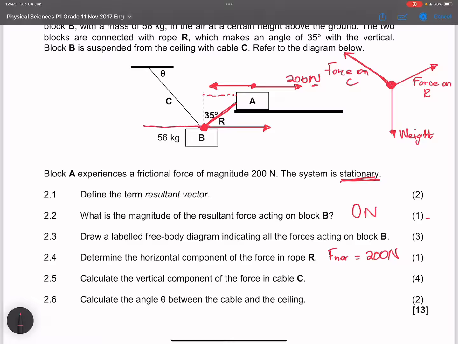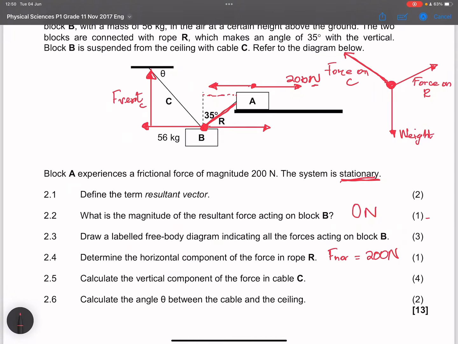And the horizontal component of the force on C should also be the same, because those are the only two forces acting horizontally. But they are not looking for the horizontal component, they are looking for the vertical component of that force. So I'm looking for the vertical component on C.